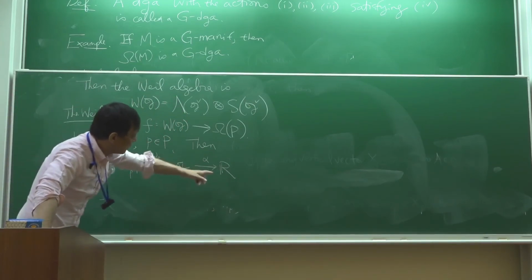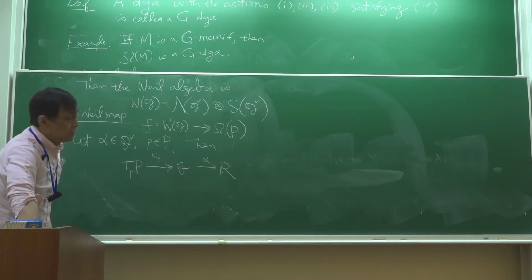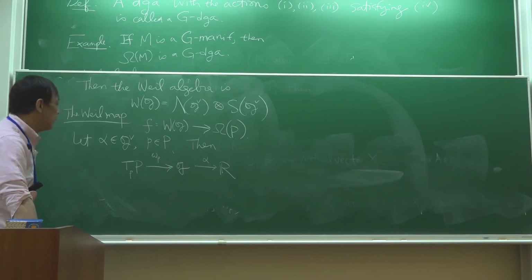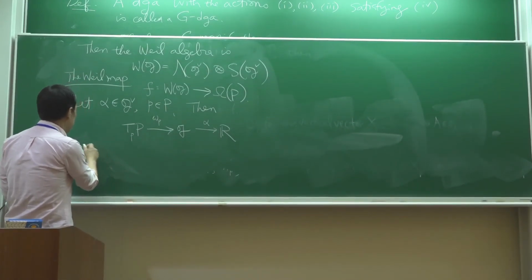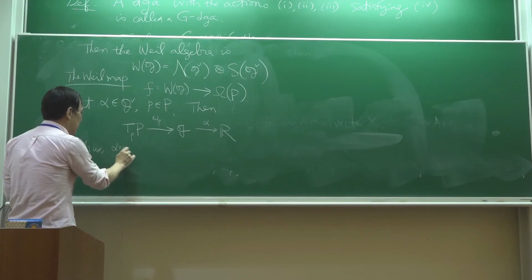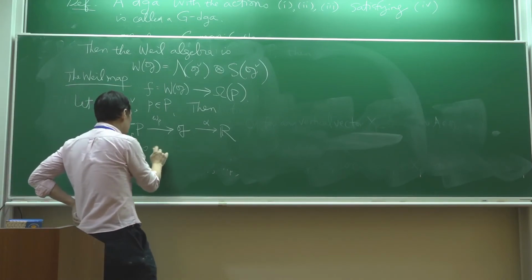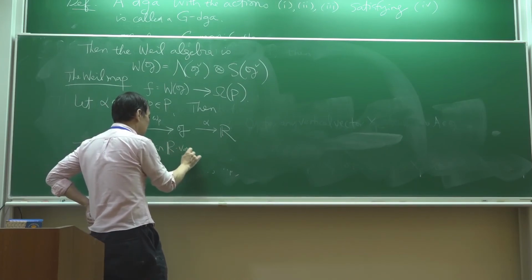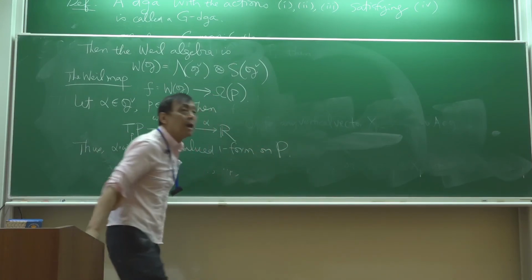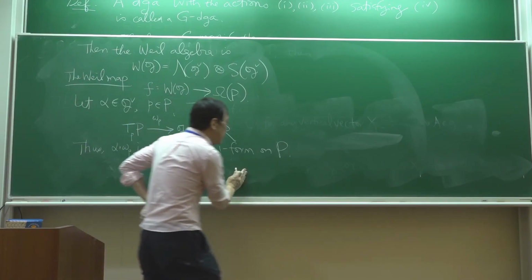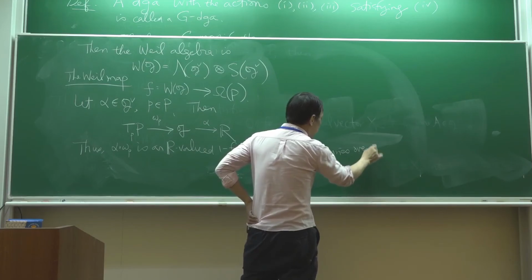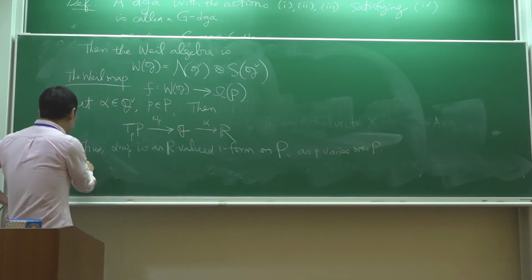So then you get a linear map from the tangent vector to R. That means the composition is an R-valued 1-form on P, as p varies over P.